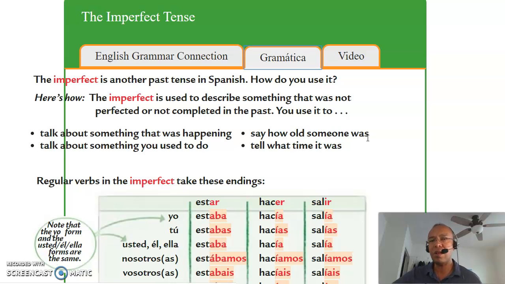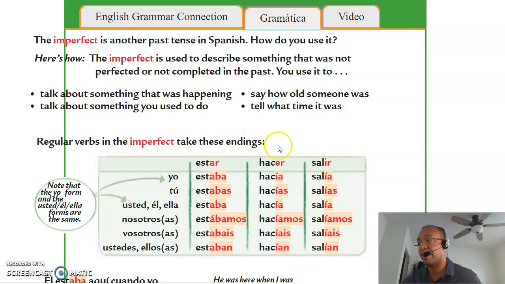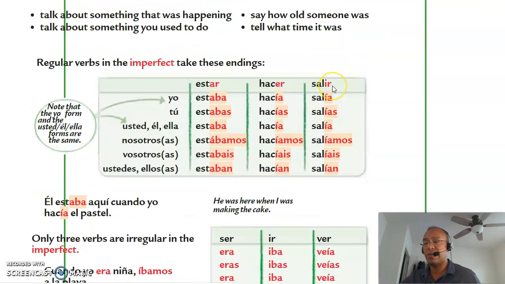So let's look at the regular verbs of the imperfect tense. If you remember conjugating, you know that you have your stem, the beginning of the word, and at the end you have the ending. You will always have to remember the endings. Now with regular verbs, you don't have to do anything to the stem. For example, estar is the verb to be, hacer is the verb to do, salir is the verb to exit. Estar is an AR verb.